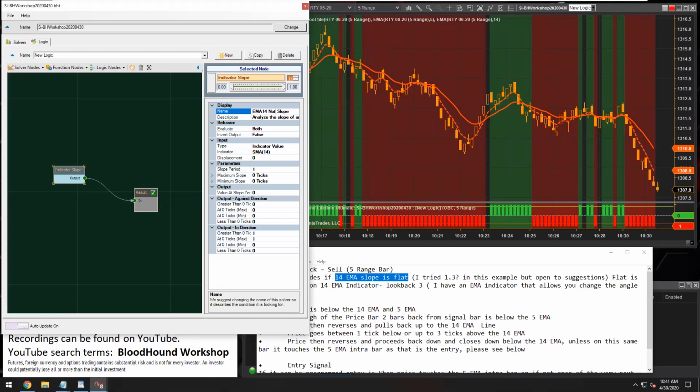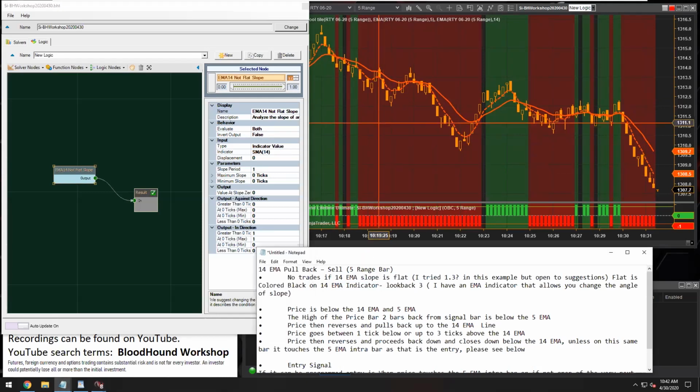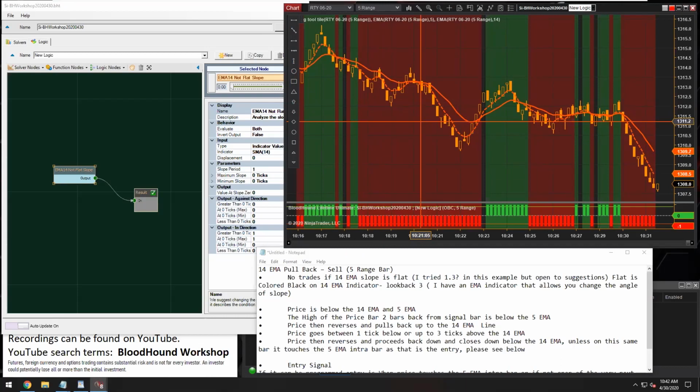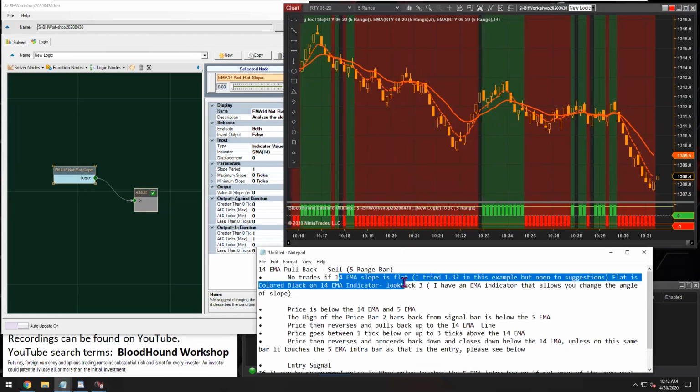And actually what we're going to do is find out when it is not flat, right? Because you only want to produce signals when the EMA is sloping. So actually, we want to find the opposite here.